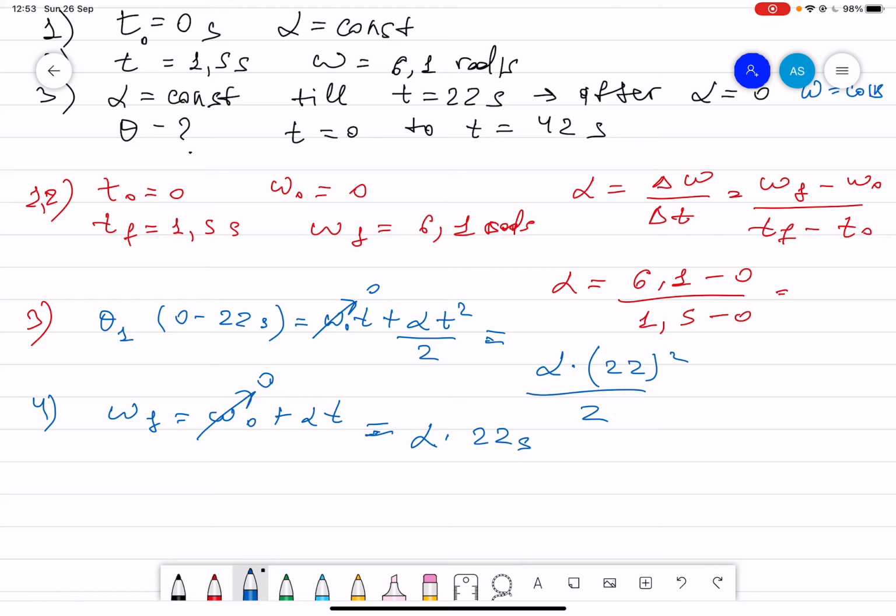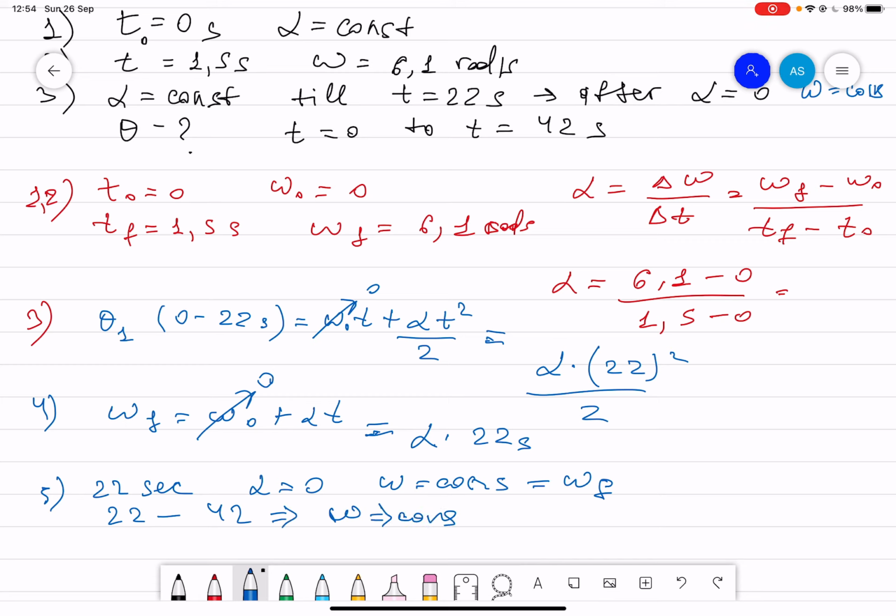So now, after 22 seconds, our alpha is 0 and omega is constant, right? So this constant omega is in our case omega final. That means from time 22 seconds until 42 seconds, omega is constant.